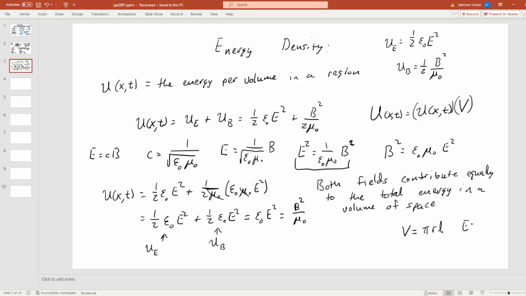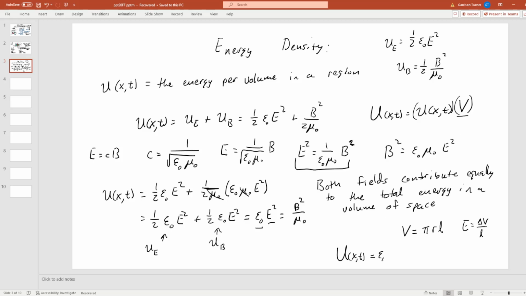Our electric field was delta V over L. So the total amount of energy in that region would be, in this case, epsilon naught times E squared for my energy density, and then multiply that by the volume.